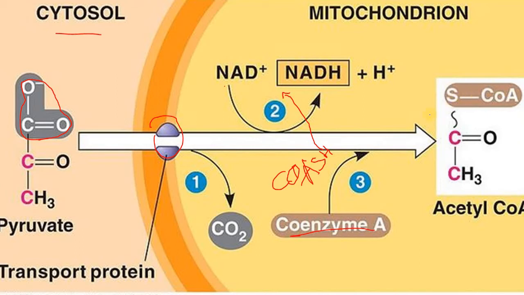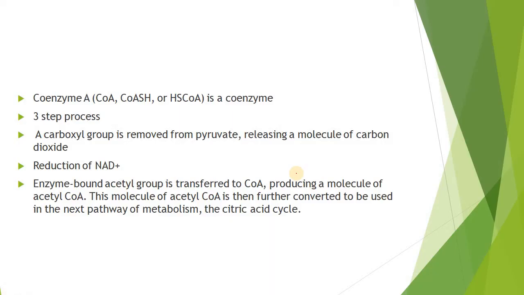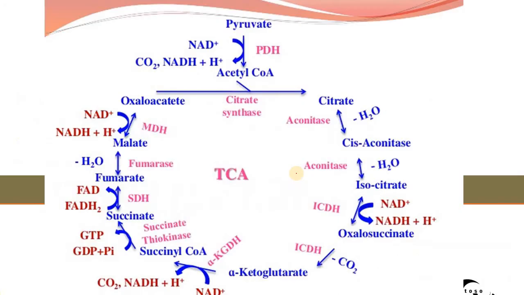The S is obtained from the sulfur group of CoASH, and CoA is this. So this is the first step in the TCA cycle. The same thing is explained here. This is a 3-step process.